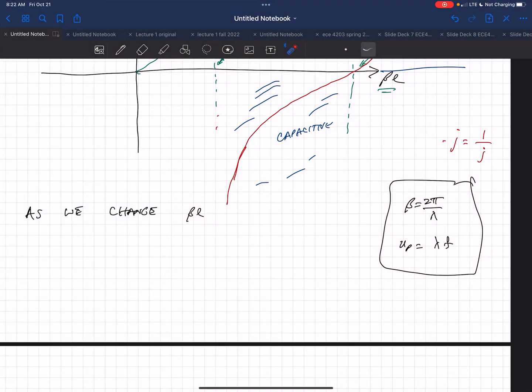And this is the relationship between beta, 2 pi over lambda, and the frequency. The phase velocity is lambda times f, and this is equivalent to the speed of light if you're in a vacuum. You can think of this as a very, very high speed. That's what you're going to typically run into.